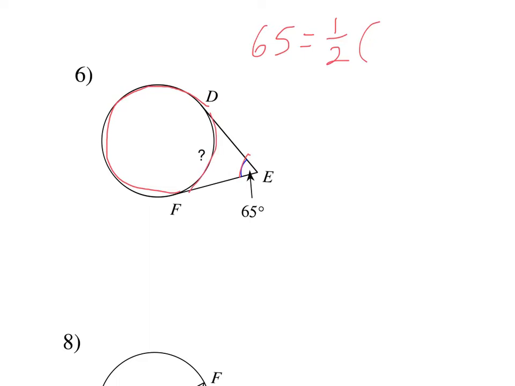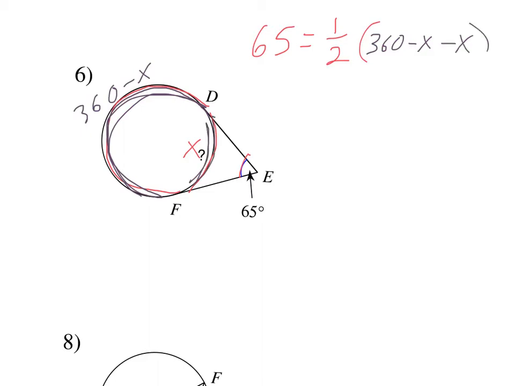Well, if we are looking for arc DF here, what would the larger arc be if the smaller arc is x? If we had a number, we would just subtract it from 360. So we'll say that 360 minus x is the larger arc. So once we have that, now we have to subtract the smaller arc, which we labeled as x, and we end up with that.